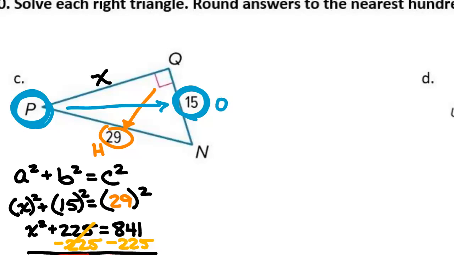Yep, that's going to be sine. So sine of angle P is equal to opposite, which is 15, over hypotenuse, which is 29. Because I said so. We have to find both P and N, so I had to pick one to start with.